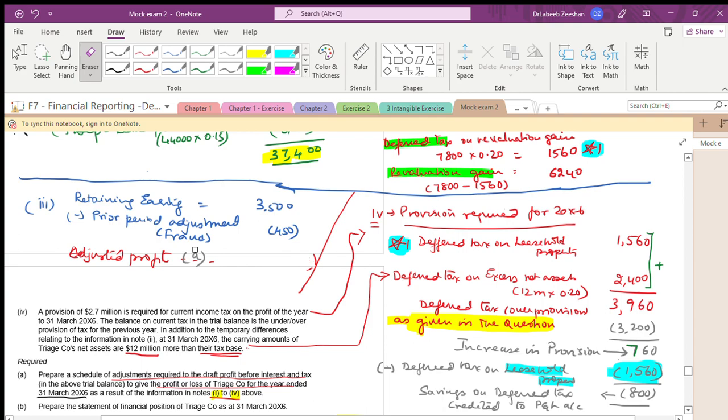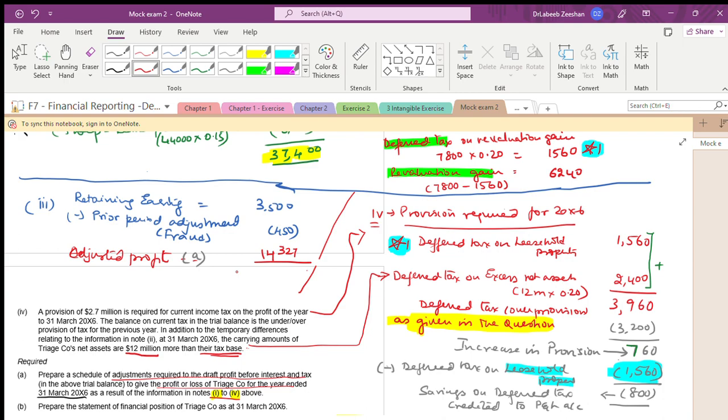How much is the adjusted profit? 14,000. How much will you get? 3,500 minus 450 plus 14,327. Minus 11,000.